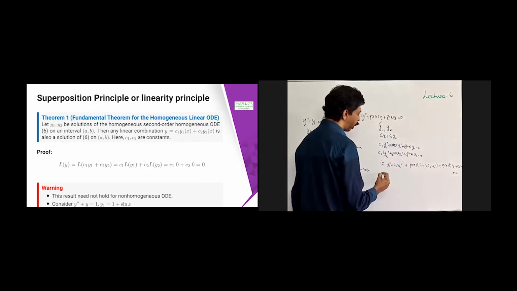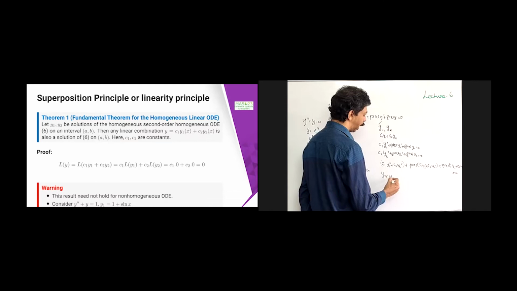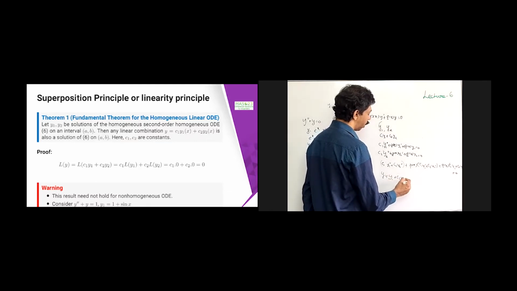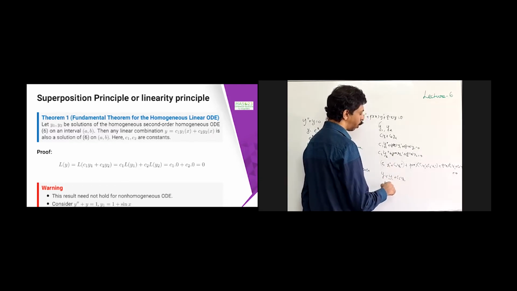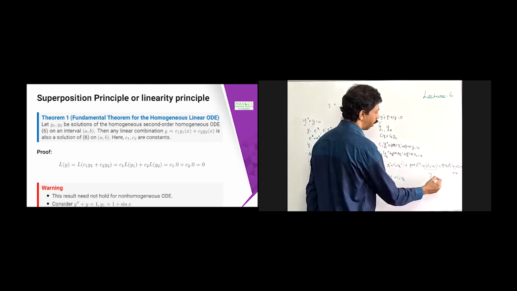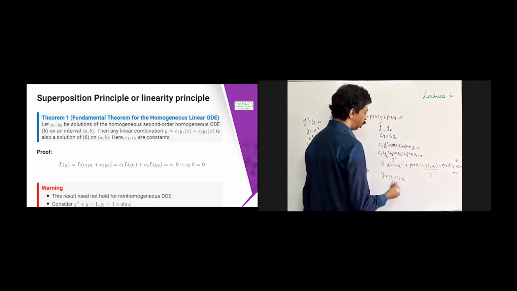So I'm going to denote y equal to c1 y1 plus c2 y2. Then y dash is going to become c1 y1 dash plus c2 y2 dash, and y double dash is the corresponding second derivative.